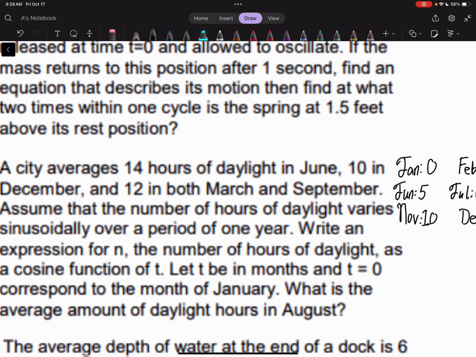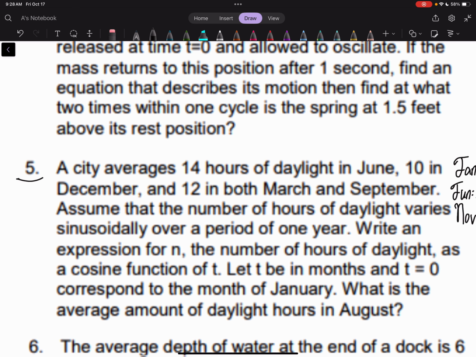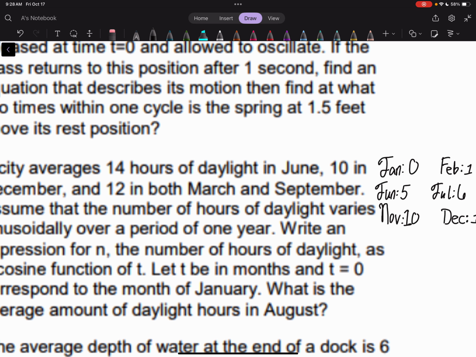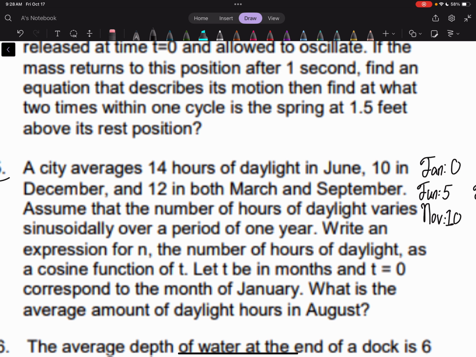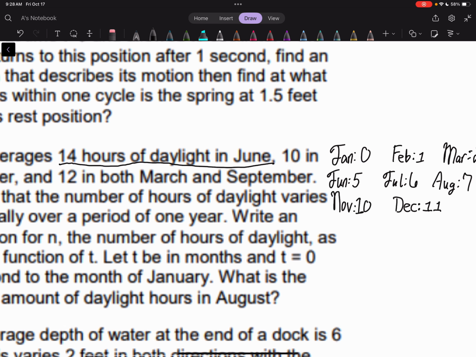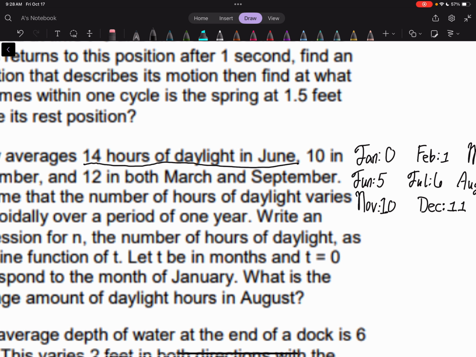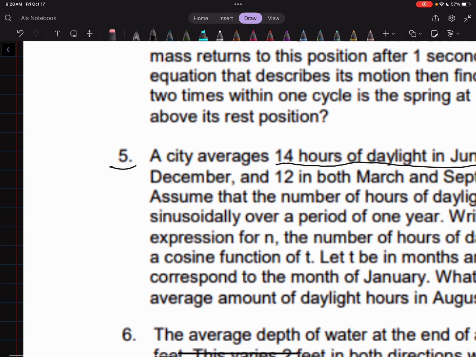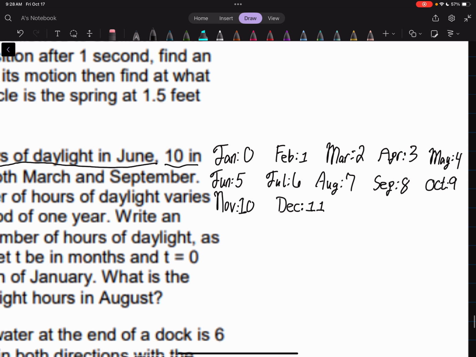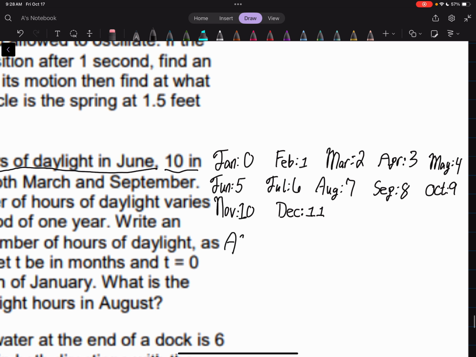Write an expression for n, the number of hours of daylight, as a cosine function. Let's look at the top problem, and I want you to see that 14 hours of daylight is the maximum in June. We have 10 hours in December as a minimum. So for my A, 14 minus 10 over 2.